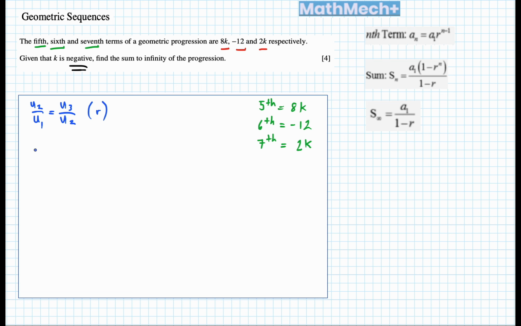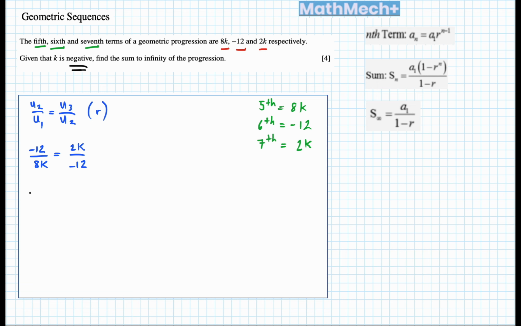Our second in this case would be the minus 12, as in the sixth. Just be careful. Minus 12 over fifth equals seventh over sixth. So just make sure you're happy with that.